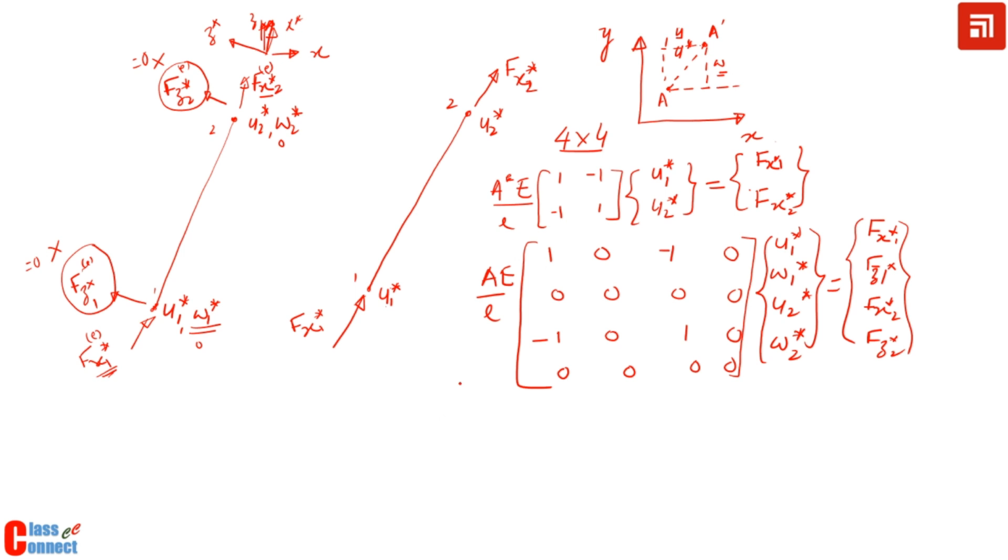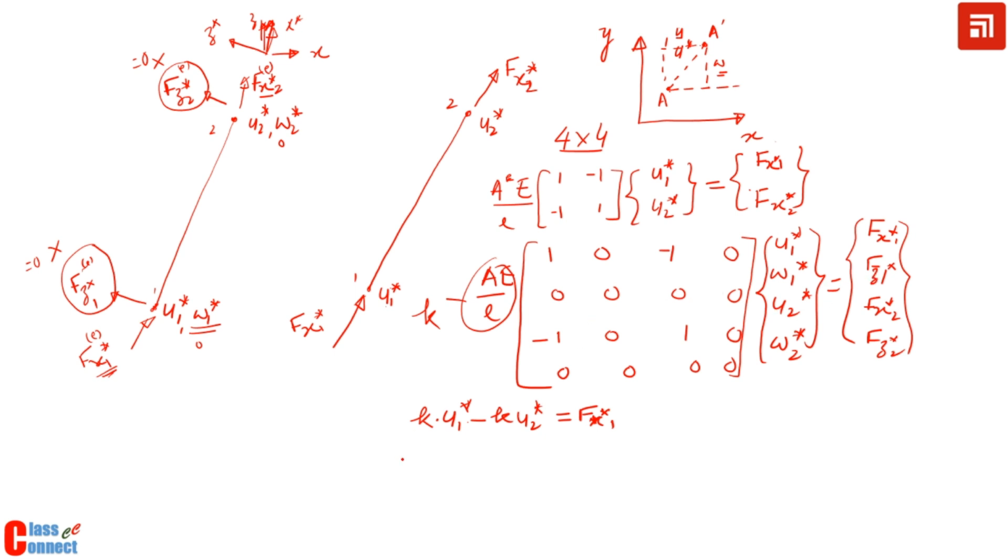It means if I write k here for this, I get k times u1 star, 0 times w1, so it is 0, minus 1 times u2 star, so it is minus k u2 star, and then 0 times this, and this is equal to fx1 star. Again there will be all terms 0, so no fz equation will be there.